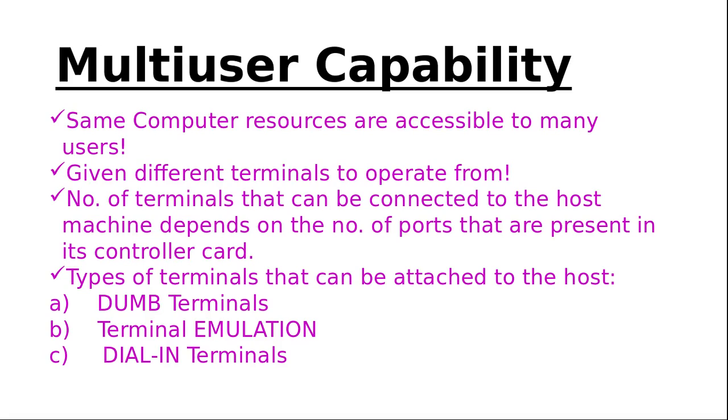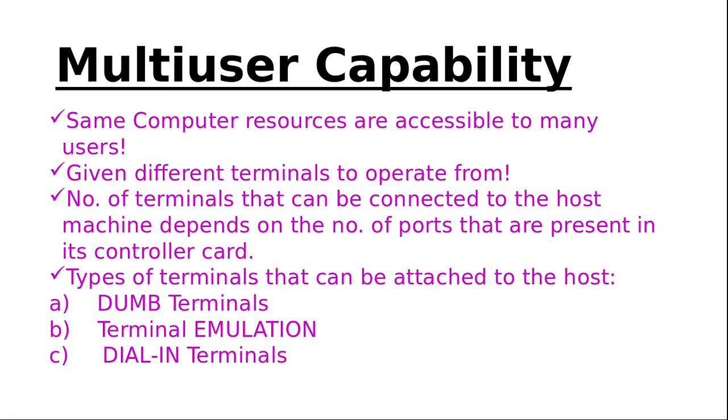There are several types of terminals that can be attached to the host. These are dumb terminals, terminal emulation, and dial-in terminals. Dumb terminals mainly consist of a keyboard and a display unit with no memory or disk of their own. These can never act as an independent machine.